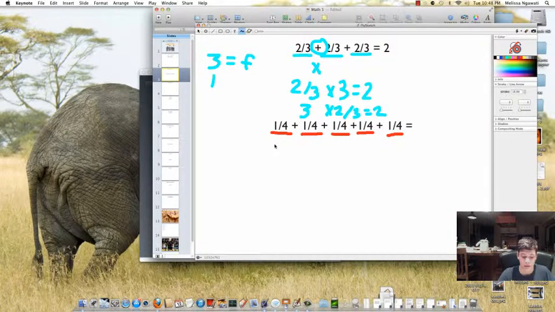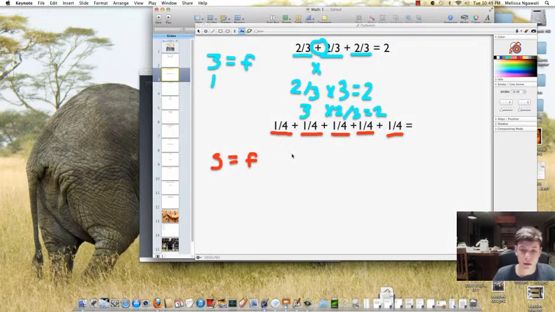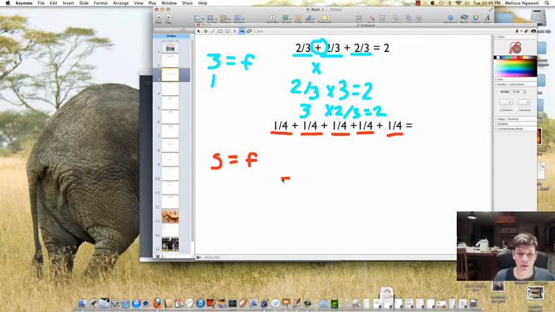Then we can see that they are equal, as 5 equal fractions. So we have 5, so we can do 5 times 1/4.